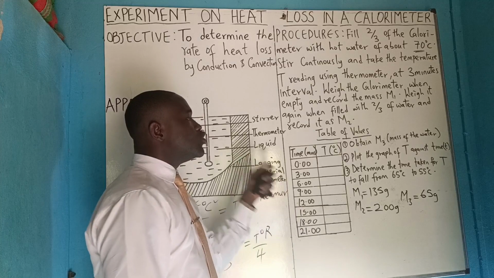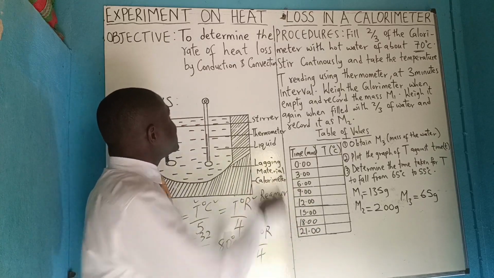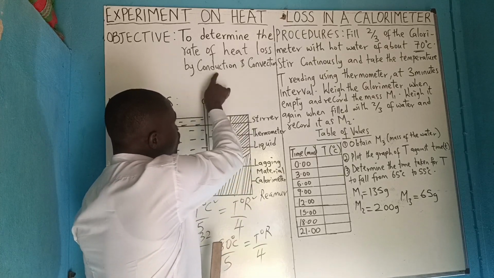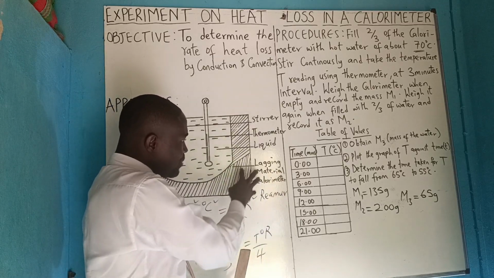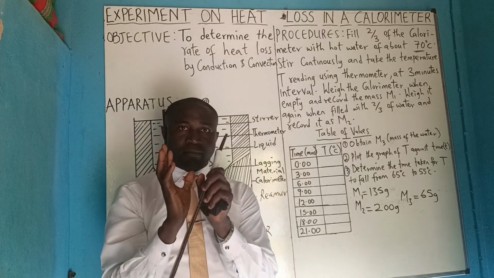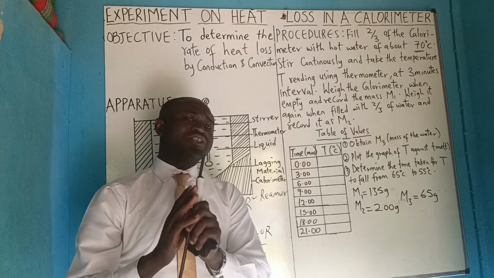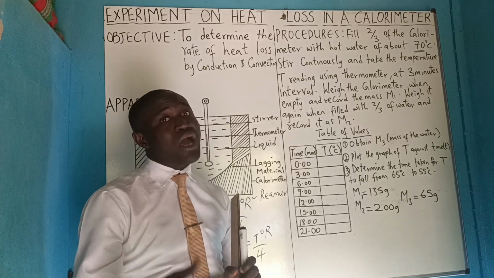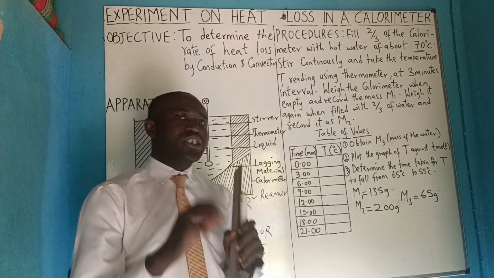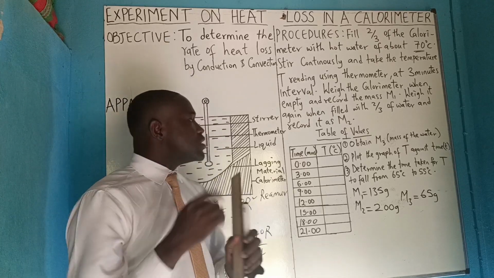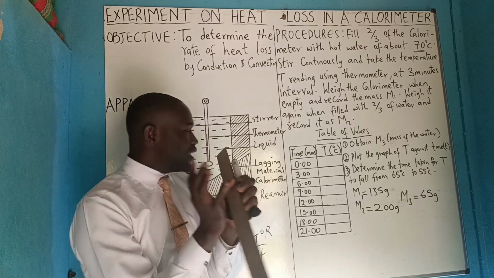That is why you are trying to perform this experiment, to see the rate of heat loss by conduction and by convection. Conduction, because a solid material is holding the hot water, and that solid material will still have an effect on the rate of evaporation.